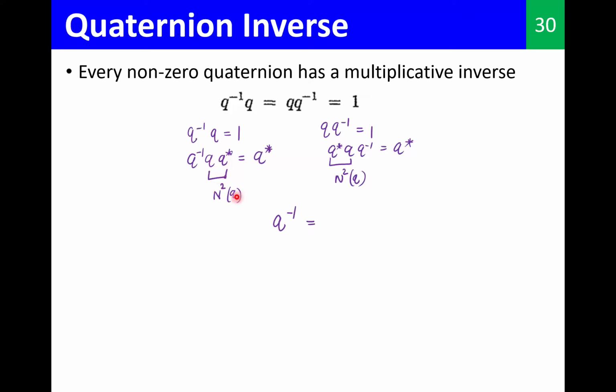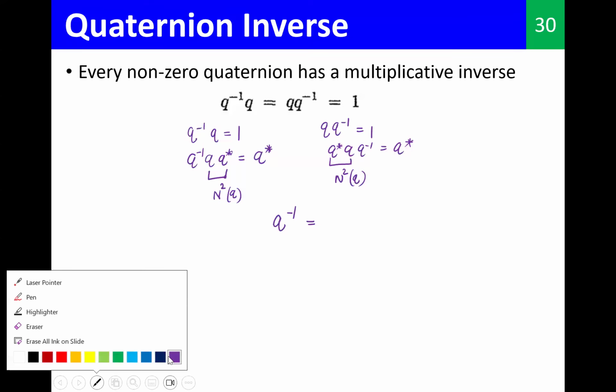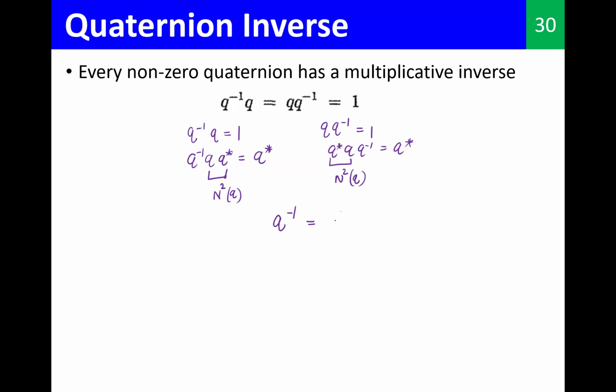Because it's just a scale, I can just not worry about the product or the multiplication because it's just a scalar. I can put it this side, and same for this one as well. Therefore, this would be equal to Q conjugate.